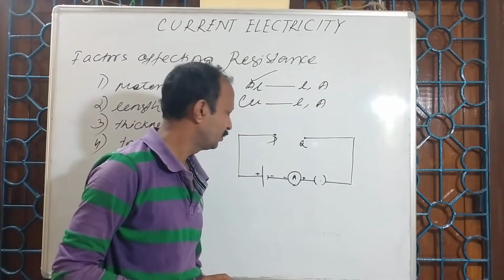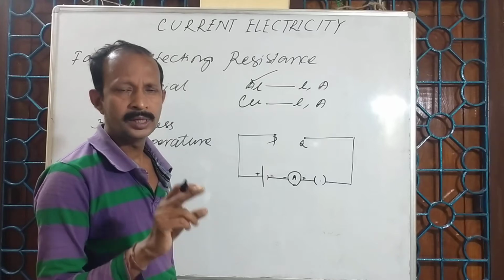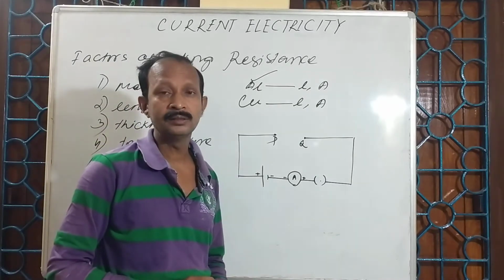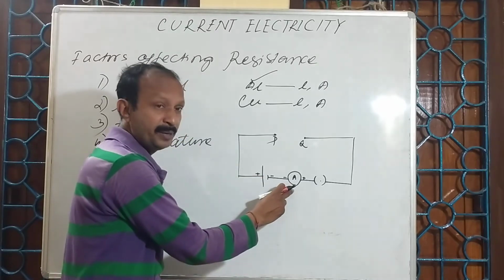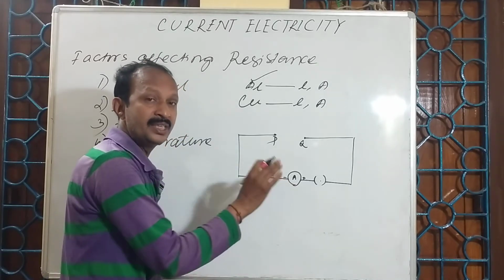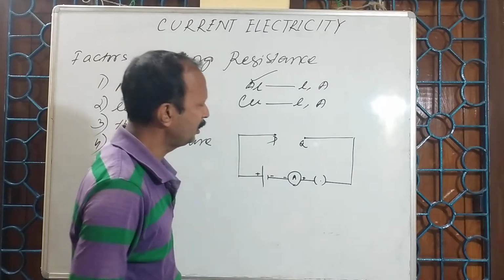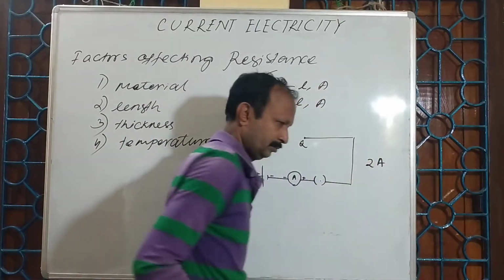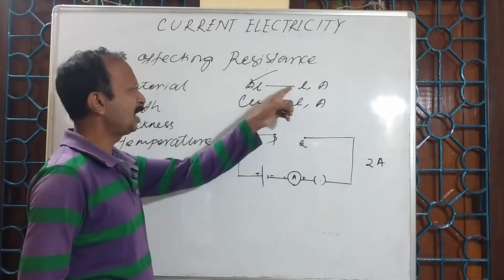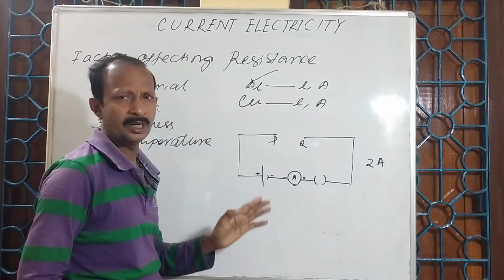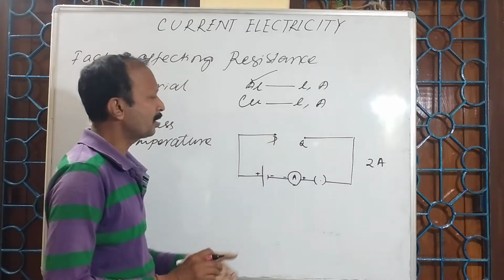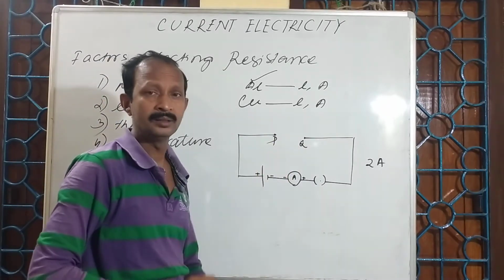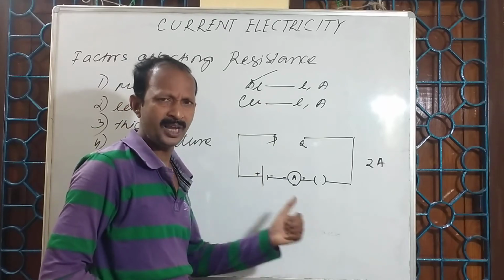After connecting, you record the current through the ammeter connected in series. For example, you got current is 2 ampere. Now you remove the aluminium and connect the copper between the two free ends P and Q. Again you note down the current from the ammeter.